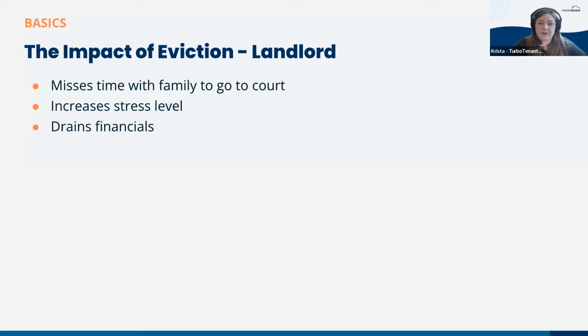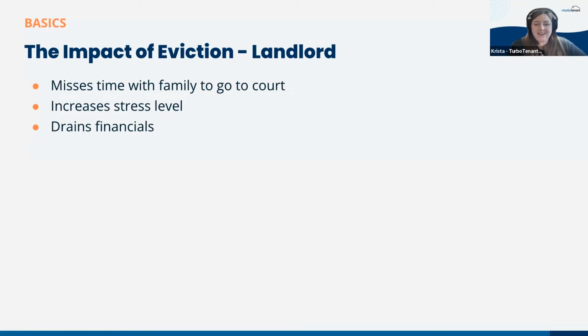So from the landlord point of view, you are going to miss out on time with your family to go to court if you pursue an eviction. You're also going to have increased stress levels. Unless you are the Zen master of the West, it's going to be a stressful process when you go to court. Just point of fact. It's a lot of documentation to gather. You have this tenuous relationship with your tenant at that point. You may not be sure what to do day to day or how to communicate. And all of this is just going to cause your blood pressure to rise.